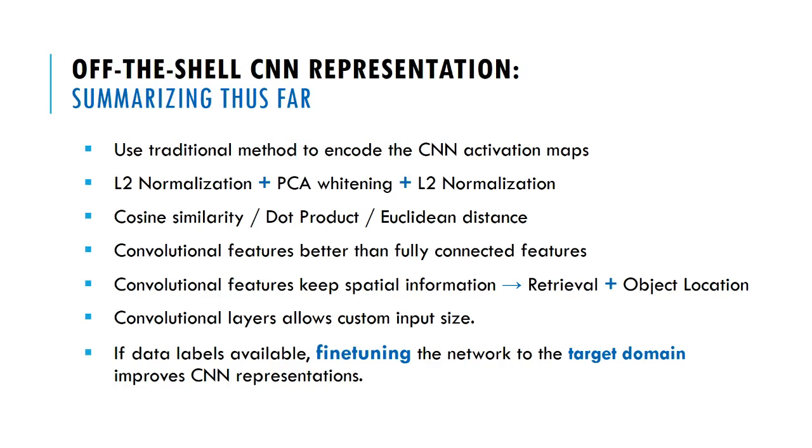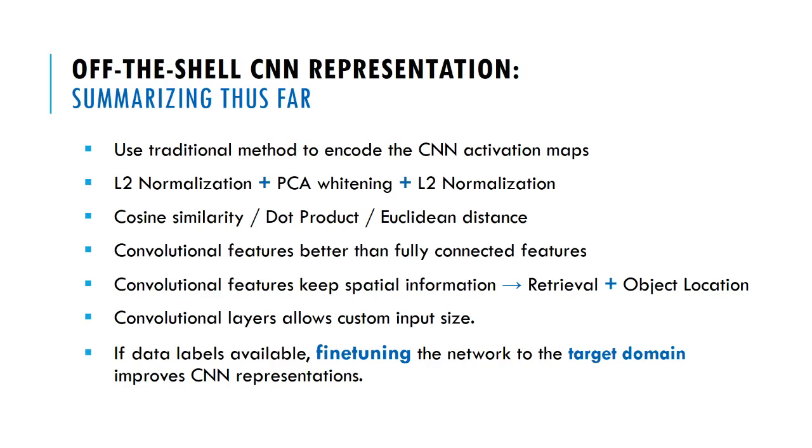So this will allow other algorithms, for example, that perform localization that can use this information. And it could also work for instance retrieval, which is part of the topic that we're talking about for most of this presentation. And of course, convolutional layers allow for custom input size because they will be using the sliding window, not requiring a fully connected layer.